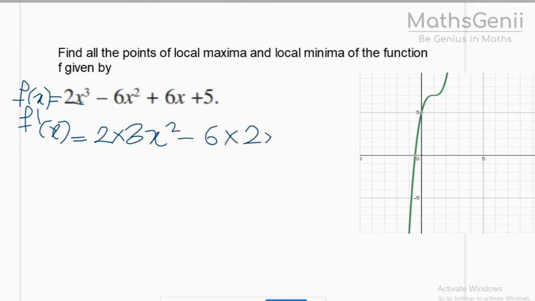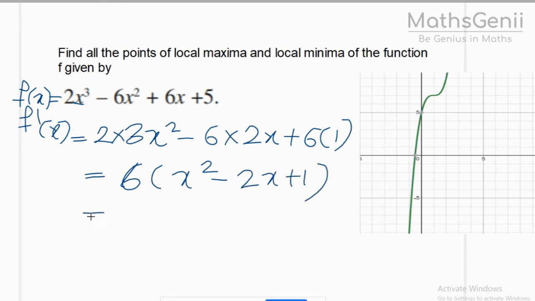X square derivative is 2x plus x derivative is 1 and 5 derivative is 0. So can I say that I can take 6 common? So you will have this. Then this is nothing but x minus 1 the whole square.